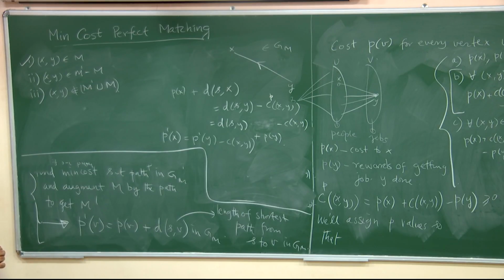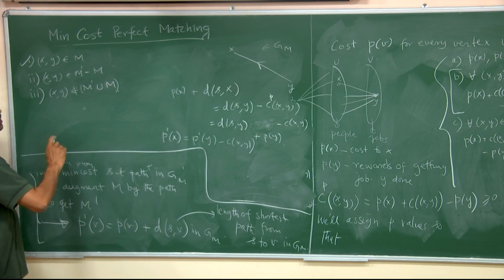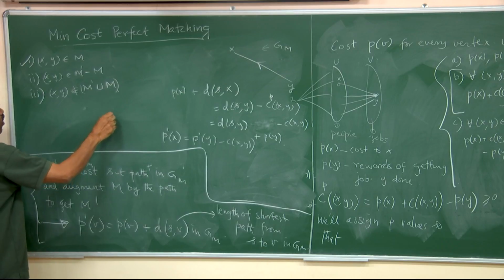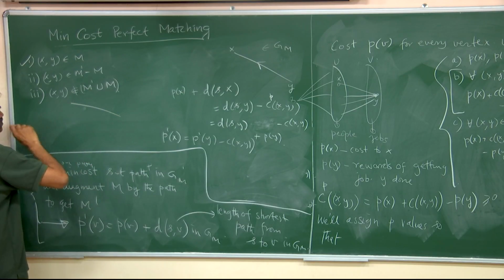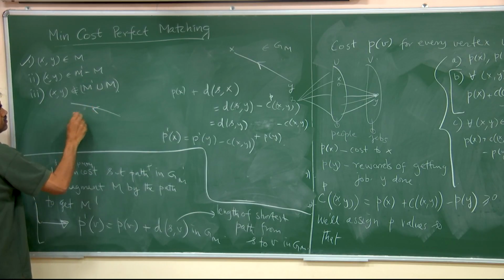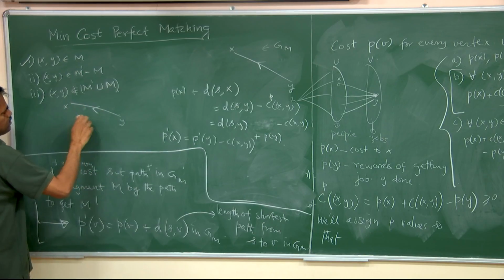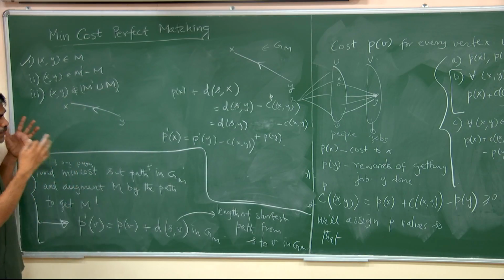If I have an edge which is in M prime but not in M, then how did it get into M prime? It has a similar thing, right? That means that yx was in the augmenting path. In the shortest augmenting path, I augmented by the shortest min cost path.